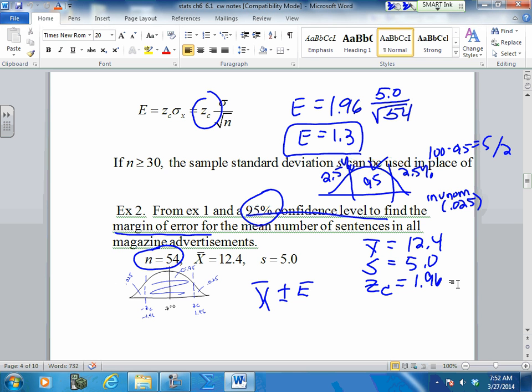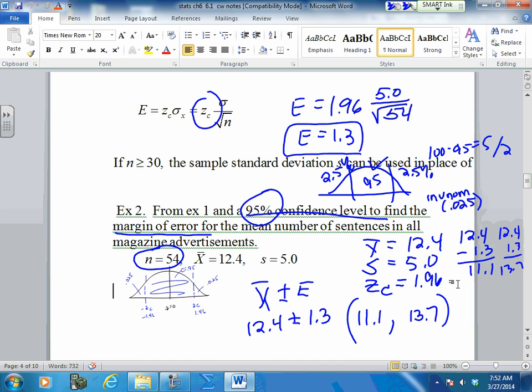So now, to build your confidence interval, we just take your mean, and we add and subtract 1.3. So here's where your margin of error goes. 12.4 minus 1.3 gives us 11.1. That's the low end. 12.4 plus 1.3 gives us 13.7.